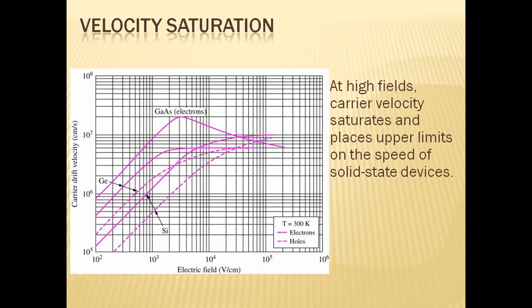Going to the velocity and saturation. Electrical field, at what range of velocity the charge is moved as per the material considered. Here they are taking unique materials, silicon specified here, germanium specified here, and gallium arsenide electrons.